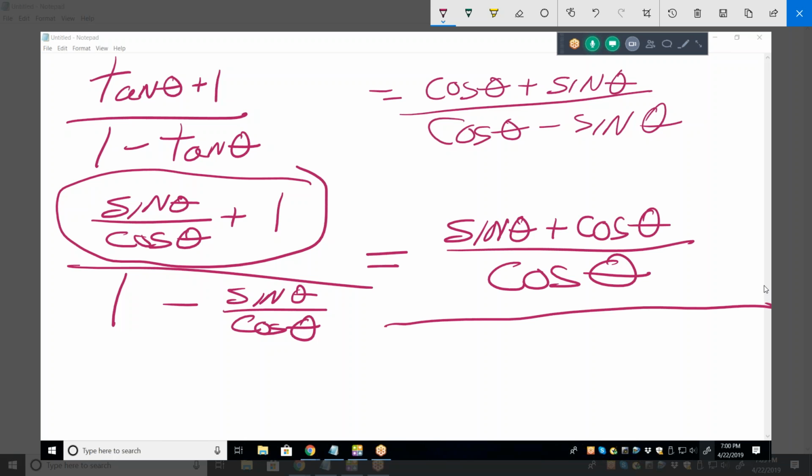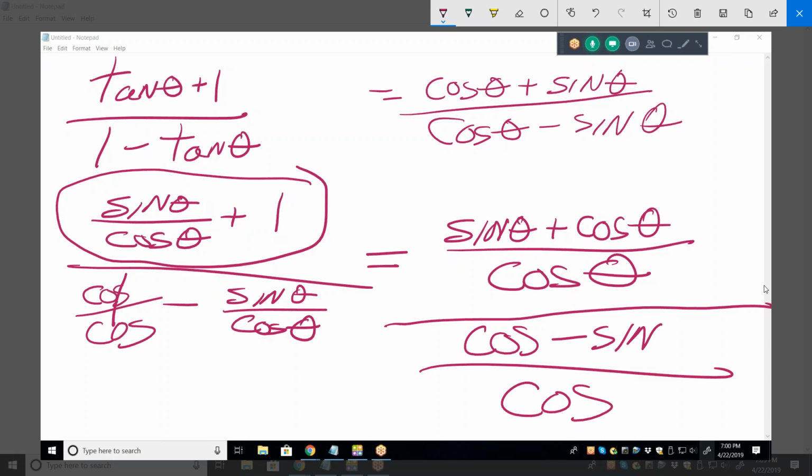So that's the numerator. Do the same thing with the denominator. What do you get? Sine over cosine minus, or sine minus cosine all over cosine. Well, this is going to be cosine over cosine. So the bottom becomes cosine minus sine all over cosine.